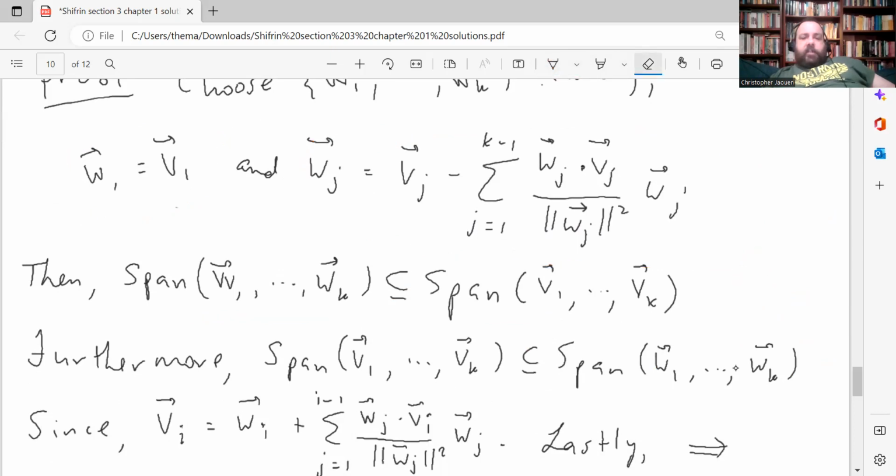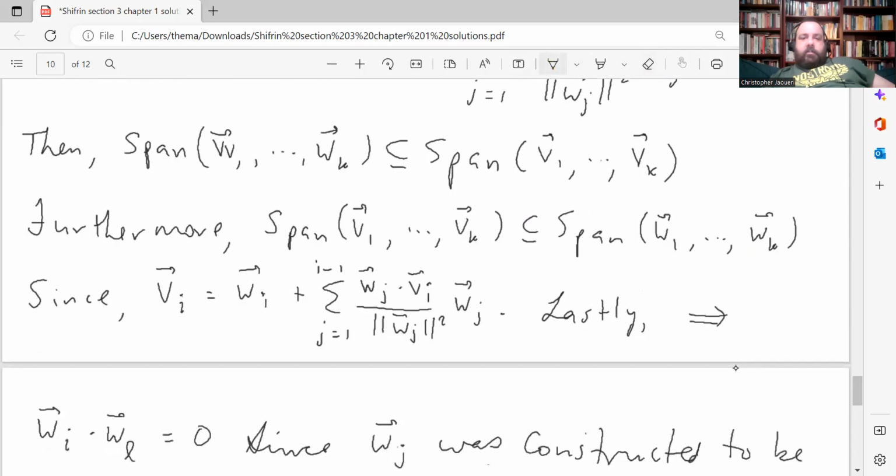And vice versa, because you can solve for vj in terms of the w's. For example, vi is just wi plus these projections. So that shows that the span of v1 through vk is a subset of the span of w1 through wk.